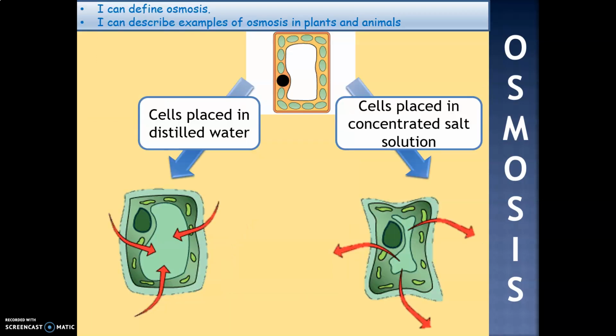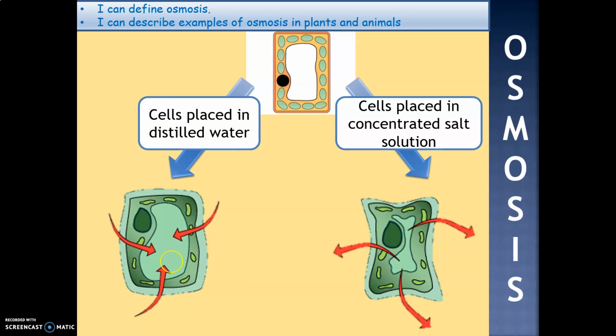Okay, amazing, excellent. Thanks for your engagement, excellent effort in this lesson. Okay, if this cell is placed in a distilled water, of course, the water will go into the cell and then the cell would expand and become turgid.